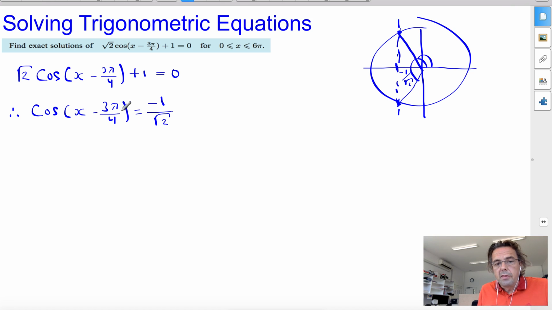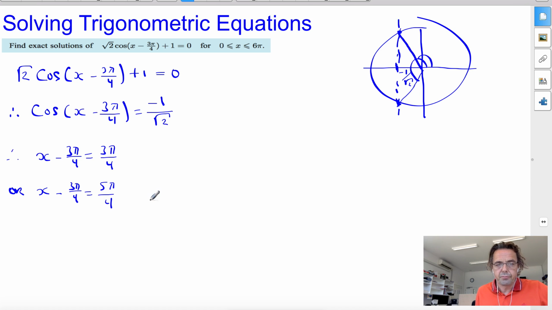That means this whole angle needs to be 3 pi over 4 or 5 pi over 4. x take 3 pi over 4 equals 3 pi over 4, or x take 3 pi over 4 equals 5 pi over 4. These solutions repeat themselves every 2 pi.